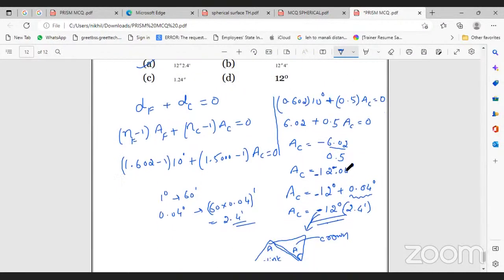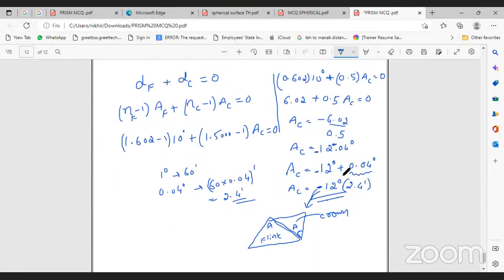Any doubt in this problem? No, sir. Okay. So these are the problems on the refraction through prism.